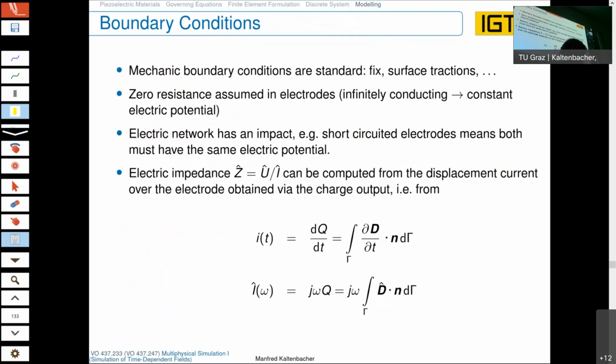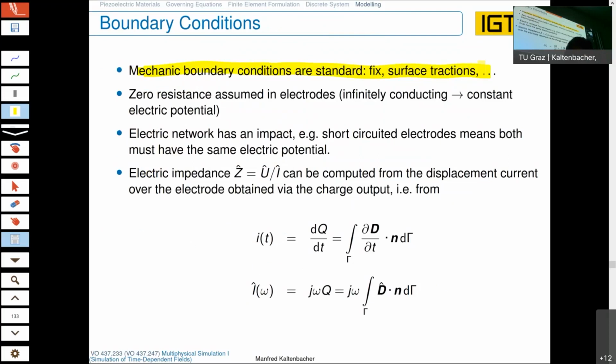Okay, so concerning boundary conditions, well, the boundary conditions are somehow clear. We have the classical mechanical boundary conditions we already have discussed, that we fix. Let's say you have an actuator like a cantilever actuator, fixed on one side and can move freely on the other side.